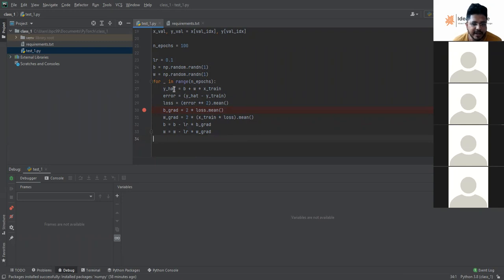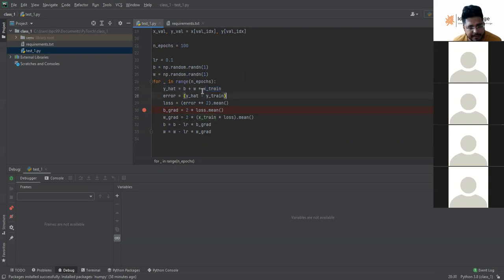Okay. Here, to calculate the gradient of B, what are the learnable parameters here? B and W? Yes. To calculate the gradient of B and W, we are using loss, right? To calculate the loss, we are using all the values of Y and X. Is it not?